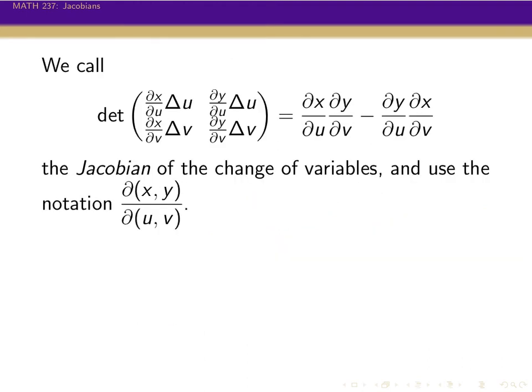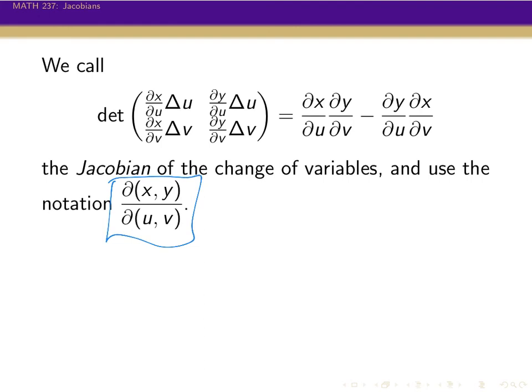Okay, and so we're going to call this determinant, we're going to give it a fancy name. This is the Jacobian, or more commonly people call it Jacobians, of these. So this is the Jacobian that was referenced at the beginning of the video. And rather than writing this out all the time, we usually just use the notation partial x comma y over partial u comma v.